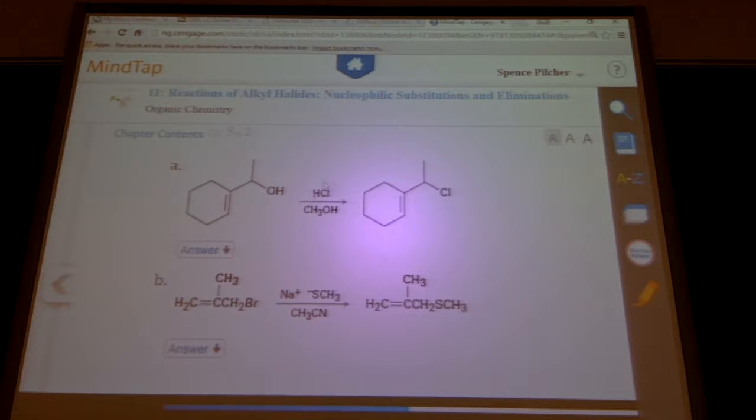You have an acid, and so that's going to actually become protonated and become an H2O leaving group. So it's an H2O leaving group, secondary, and also allylic, it's adjacent to a double bond. And also polar protic solvent. So polar protic solvent, H2O leaving group, secondary allylic, all point towards an SN1 reaction.